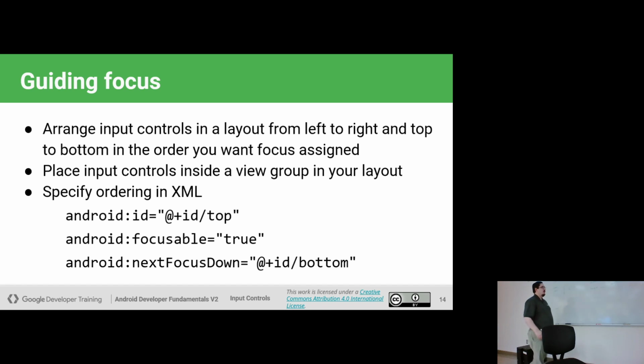So if I want to mark something focusable or not, in the XML, I can just say focusable is true. And that means that control can have focus. If I set false, then it's going to just skip right past it. So is focusable by default? No. It depends on the control, right? Like a text view by default is not focusable.